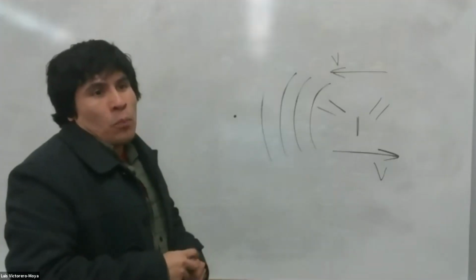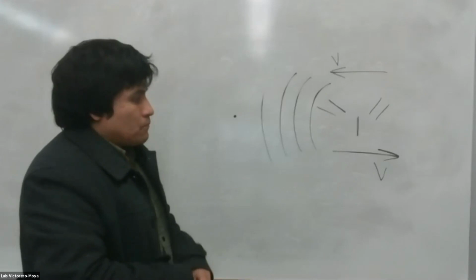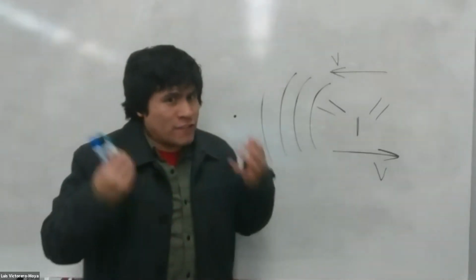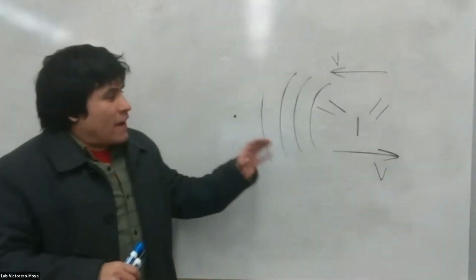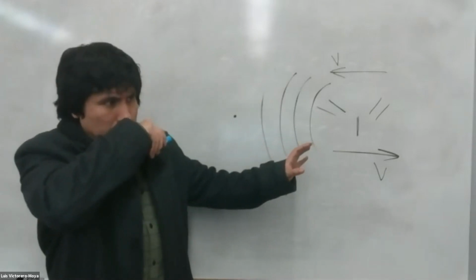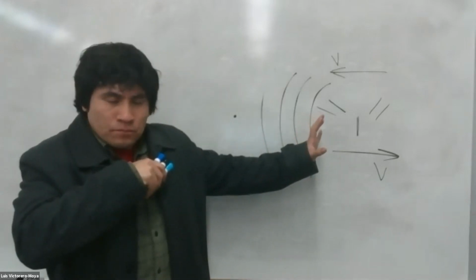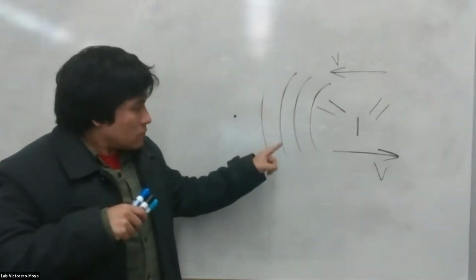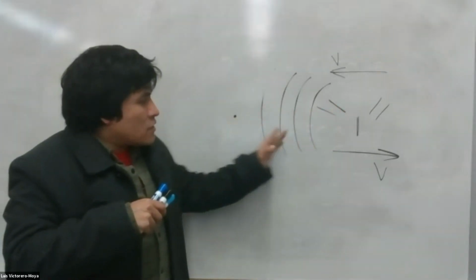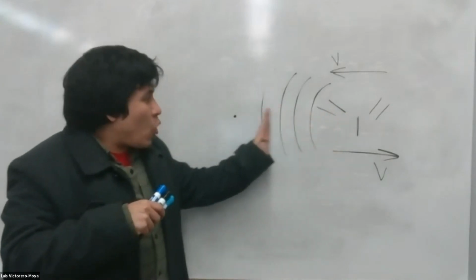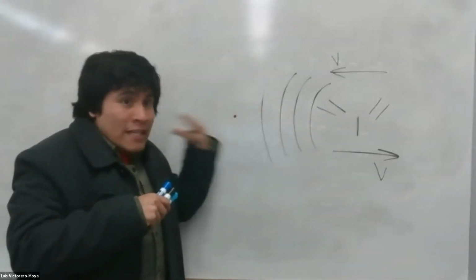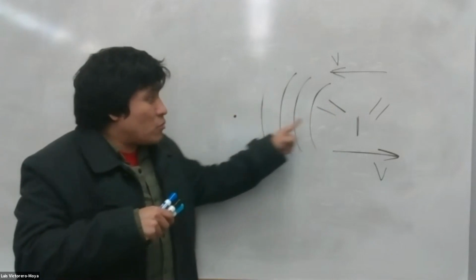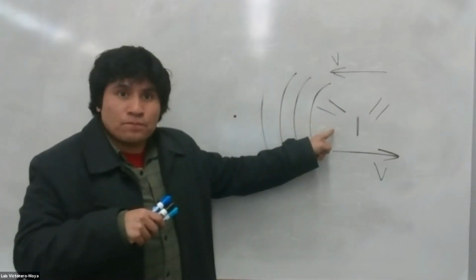Good. That is called the Doppler effect or the Doppler shift. The Doppler shift for sound is the fact that sound waves' frequency increases as the source is moving towards the person listening, or if the person is moving towards the source.